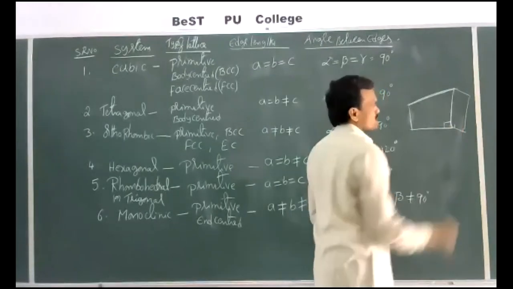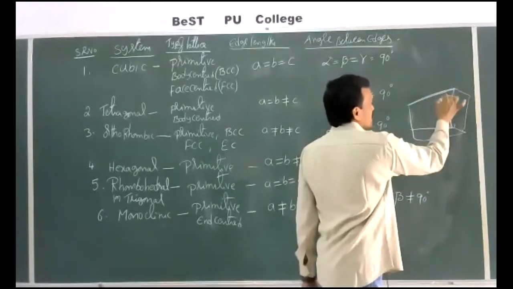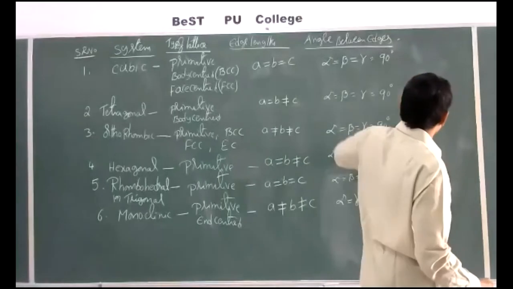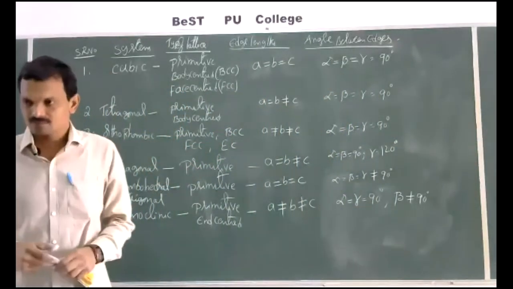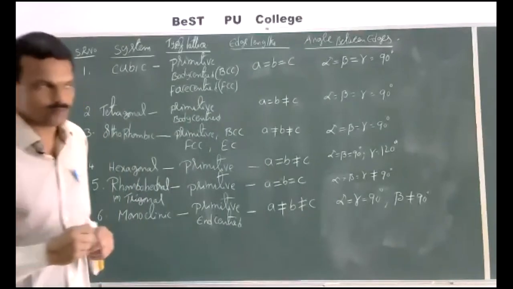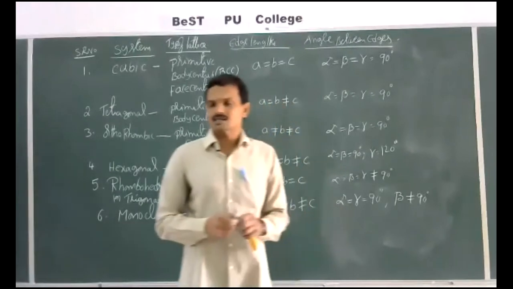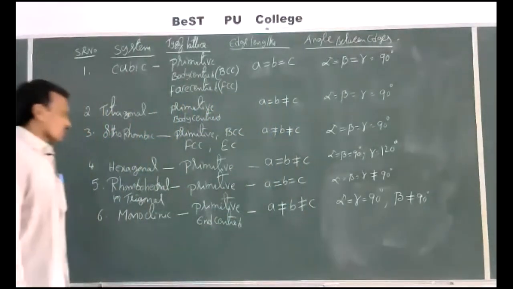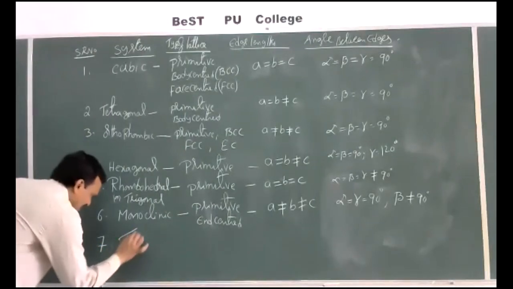Here this angle is also equal to 90, but this one is not equal to 90. So just like a TV cabinet, we can compare this. So all three lengths are different. Only two angles are the same, alpha and gamma, which is equal to 90, whereas beta is not equal to 90. This is monoclinic.